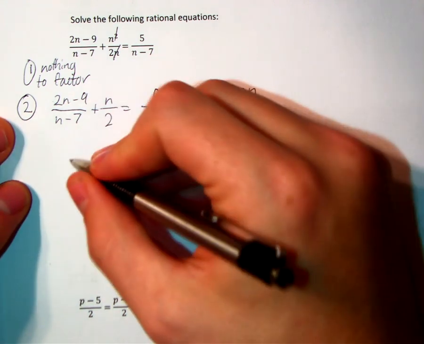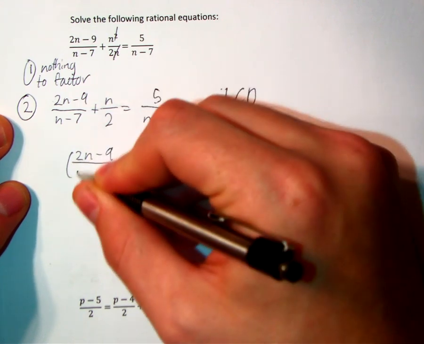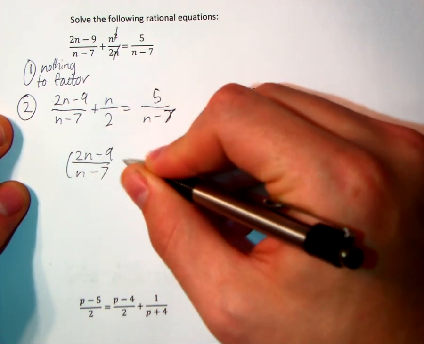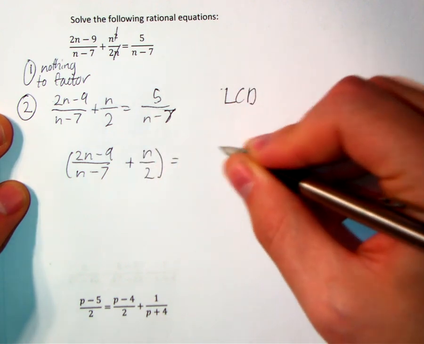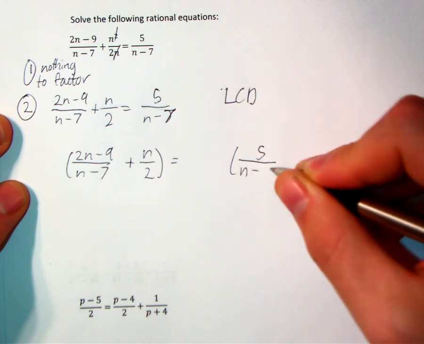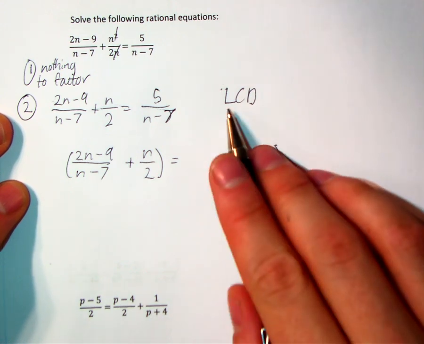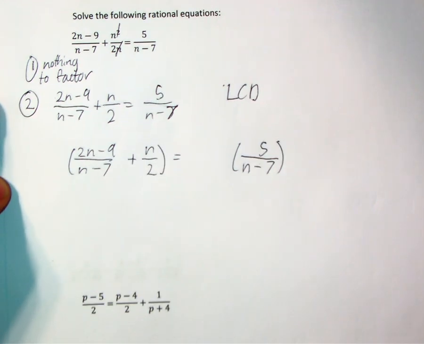So I'm trying to take one side of the equation and multiply it by something. And if I multiply one side of the equation by something, I've got to multiply the other side of the equation by that same thing. So what's the smallest thing? That's why we have the word least there. What's the smallest thing that I could multiply by both sides that would get rid of every denominator?